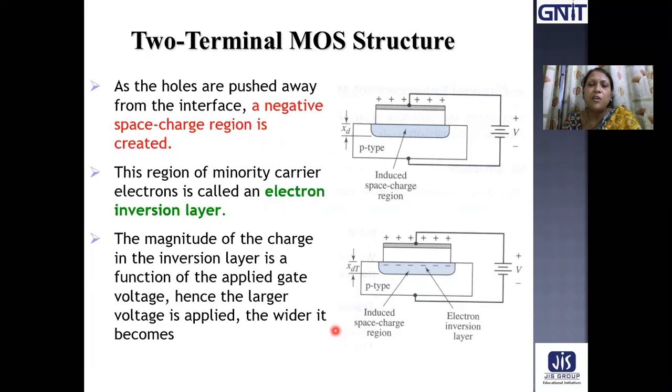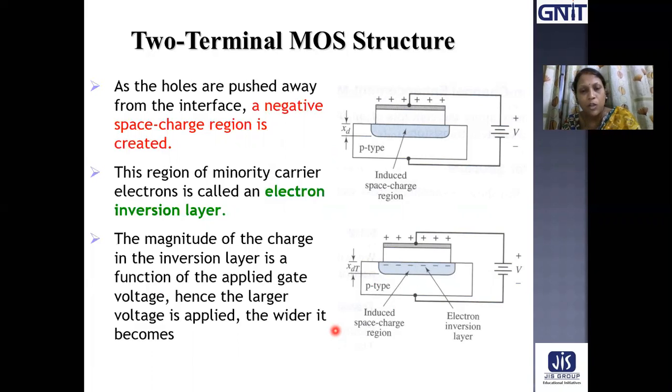So this region of minority carrier electrons is called the electron inversion layer. In the previous case, when negative voltage was at the gate terminal, then a hole inversion layer was created. But when we are using positive voltage at the gate terminal, then an electron inversion layer is created. First, negative charges are accumulated at the oxide semiconductor interface, then the inversion layer is created.